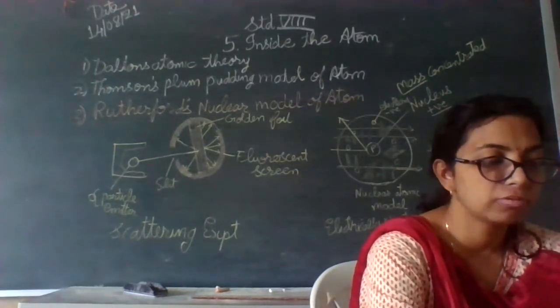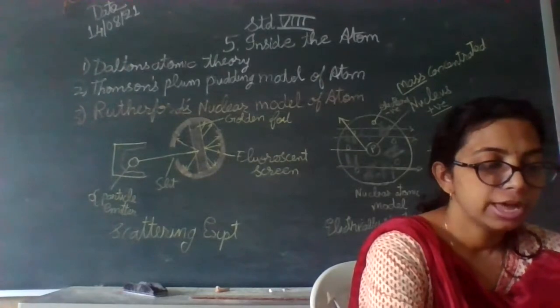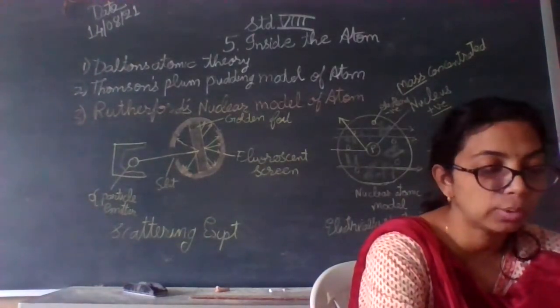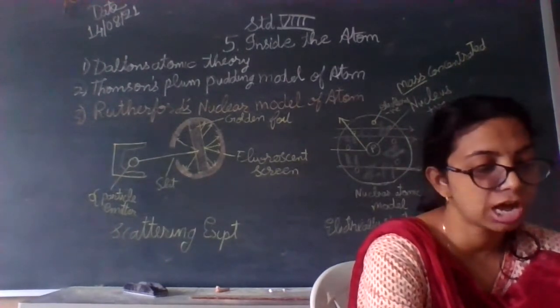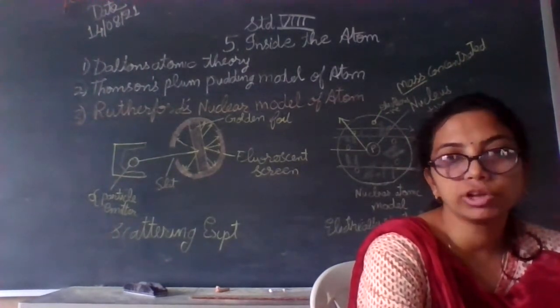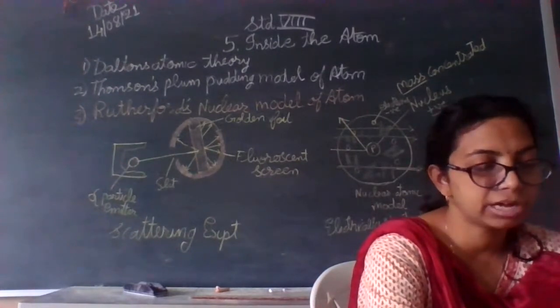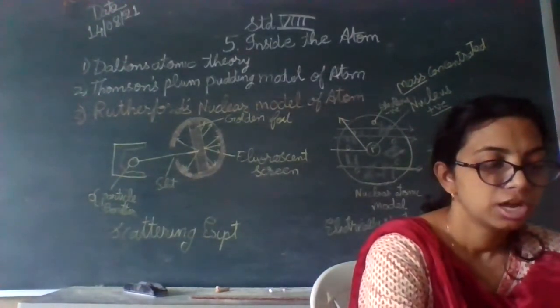In reality, however, all atoms except the radioactive atoms are stable. Maximum atoms in nature are stable. They do not go forward to react with someone because they are stable themselves.